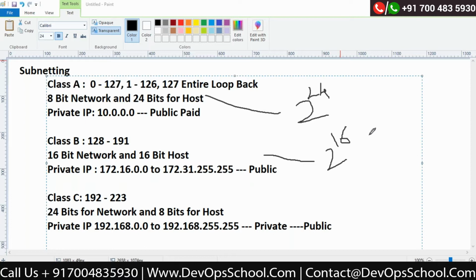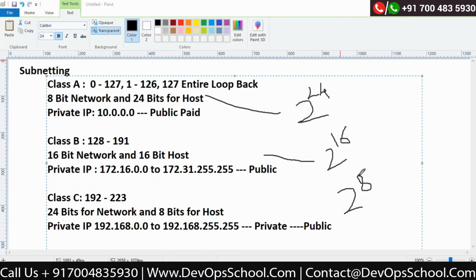Okay, even 65,000 is a very big number, correct? And the last but not the least, 2 raised to 8. That is nothing but the class C number of IP addresses, that is 256 IP addresses coming out from this particular 2 raised to 8, correct?